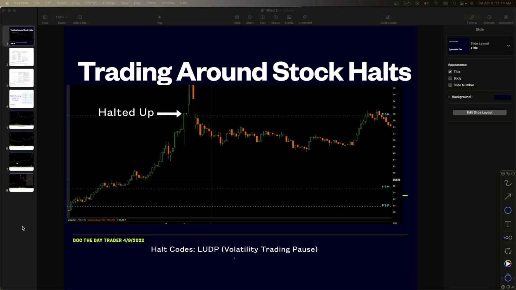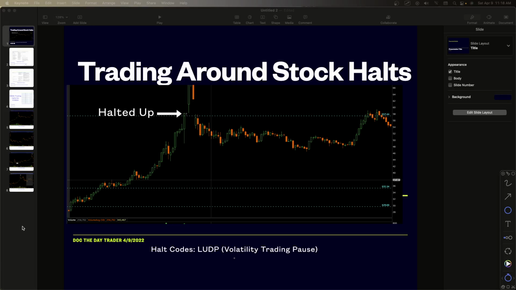They think they're going to miss out on this huge move, so they're FOMOing in. After a stock is halted up several times, this is something really to keep in mind. After it's halted up several times, typically the first sign of a pullback will oftentimes incite panic, okay? Because people will start freaking out that it's getting ready to tank back down. And that can set off a selling frenzy, and it'll often halt to the downside.